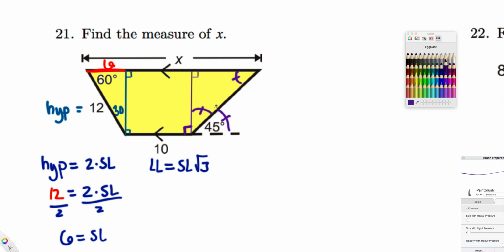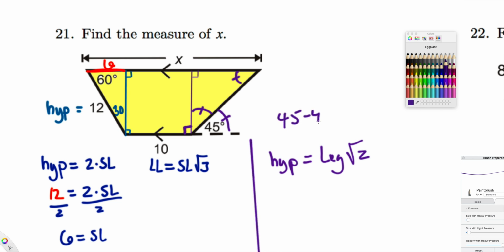So now I have a 45, 45, 90 triangle, and we know that the hypotenuse equals the leg root 2 for 45, 45, 90. This one over here is for 30, 60, 90.